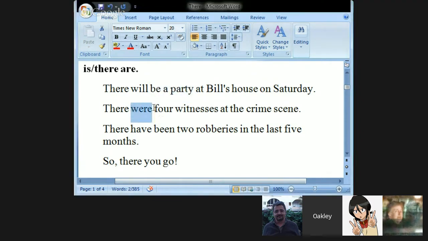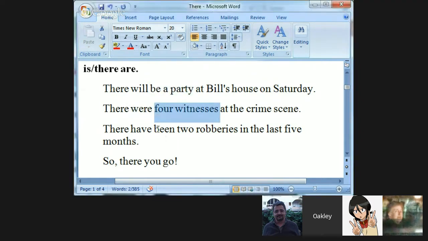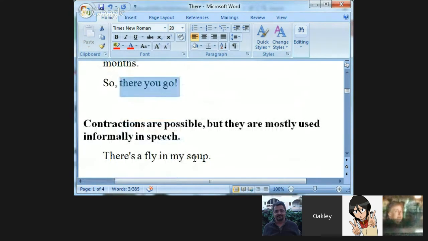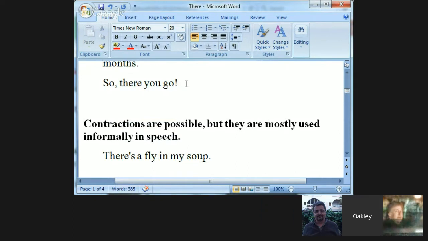Were in front of 4 witnesses, the subject. Have been in front of the subject, 2 robberies. Sorry. Well, there you go. English is crazy. So sorry. It can happen. This is because this is pretty much a standard exclamation. Well, there you go. Well, there you have it is another one.